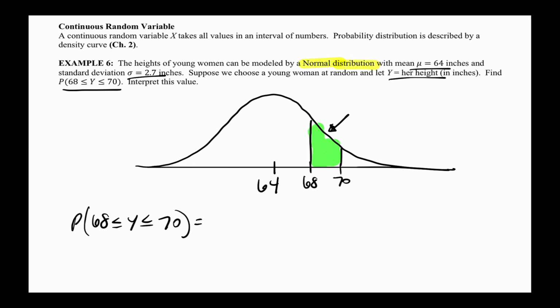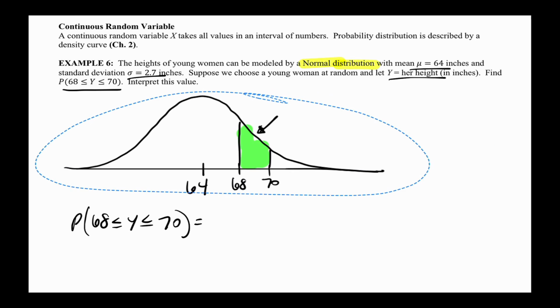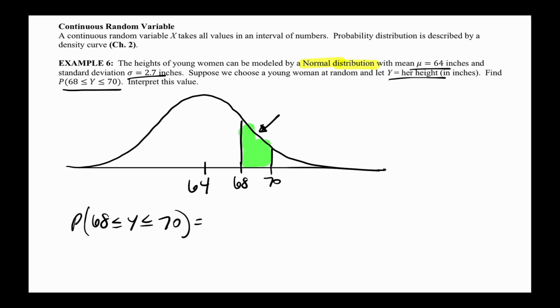Z-score. I need to find the Z-score, right? So the Z-score, let me move this a little bit over here. The formula is still the same. Z-score means the number minus the mean divided by the standard deviation. I have two numbers, 68 and 70, so I got to do one at a time.